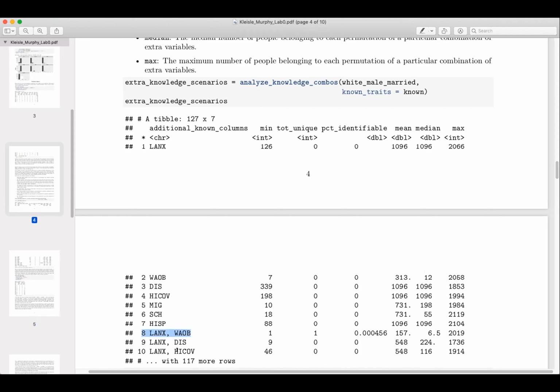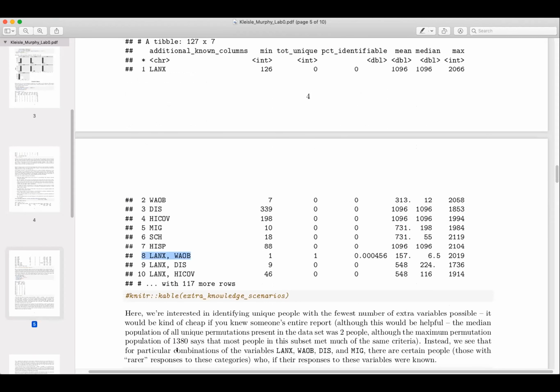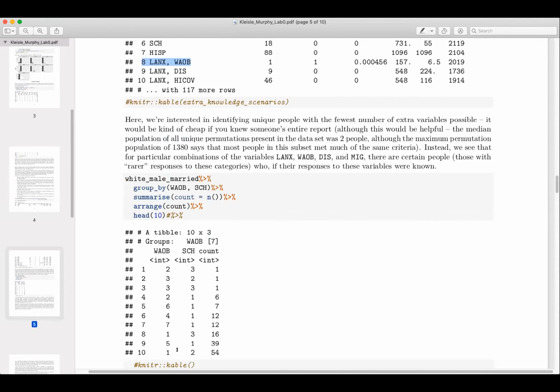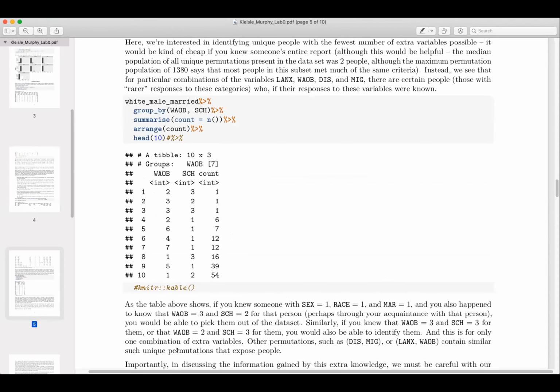And then if you know education, and if you go to the table midway through page 5, that's again just combinatoric folding of the data. If you know someone with WAOB2 and category 3, that plus the starting information you have, you can find them in the data set.